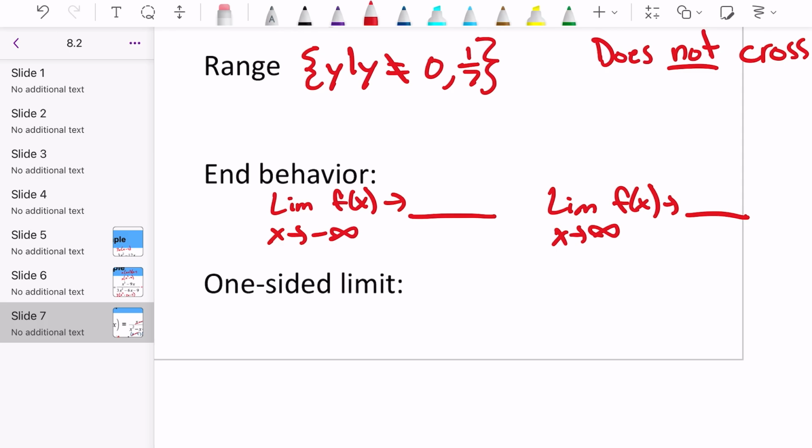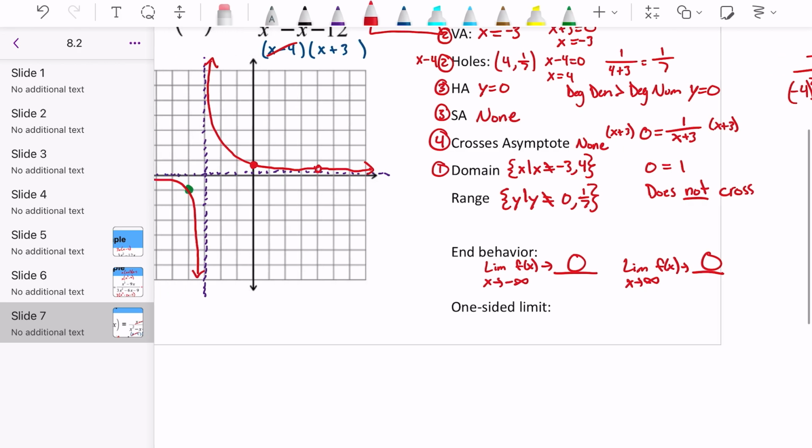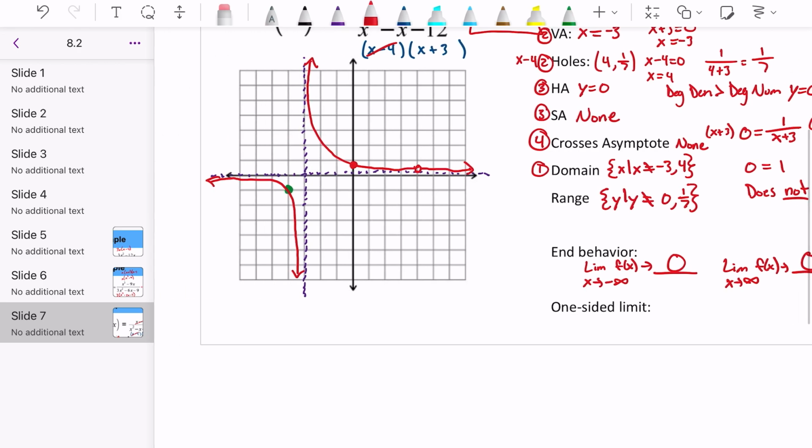Keep in mind, whenever we are working with end behavior, we are going to look at our horizontal asymptote. In this case, our horizontal asymptote is 0. We can confirm this by looking at negative infinity, which would be over here. Notice we are getting closer and closer to 0. Our positive infinity would be this right here, which, once again, is close to 0.